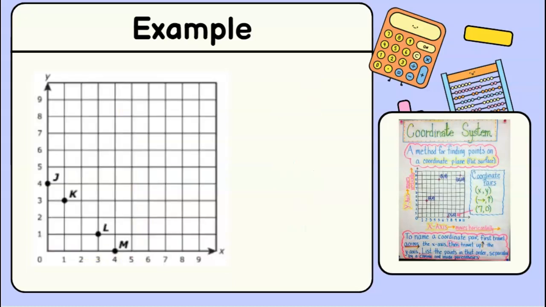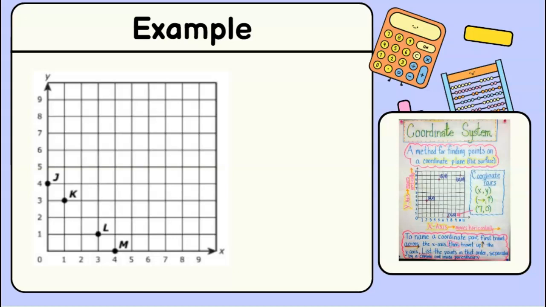Sometimes we're given a coordinate plane with points already plotted on it. This can be used to create ordered pairs or find them. So if I'm asked, what is the ordered pair of the point J? What I would do is look to see how many over it is and how many up it is.